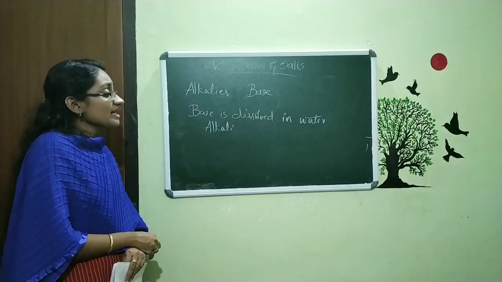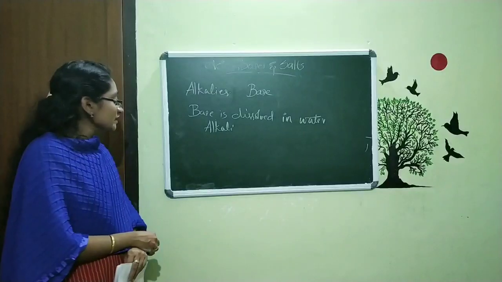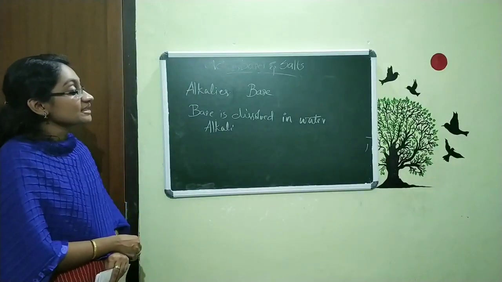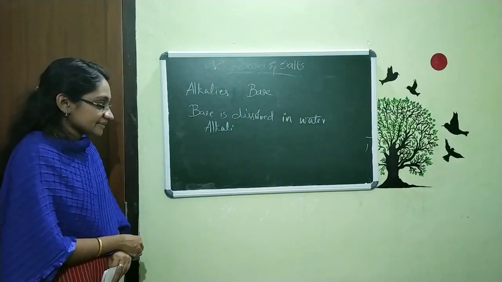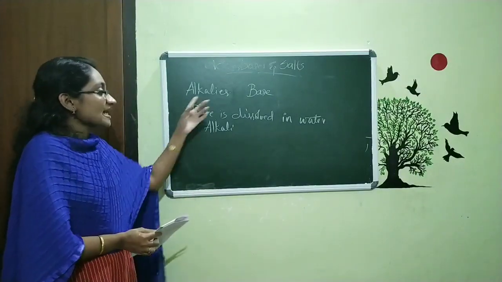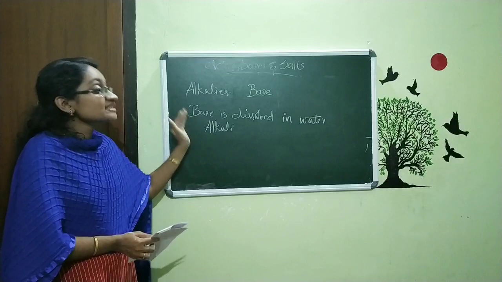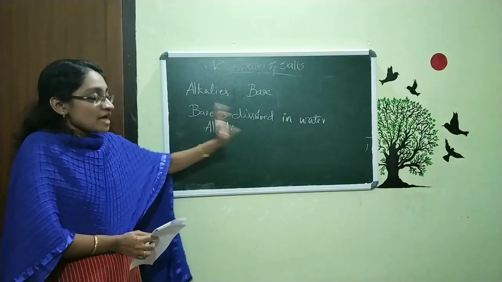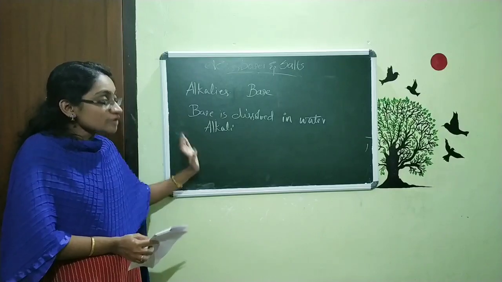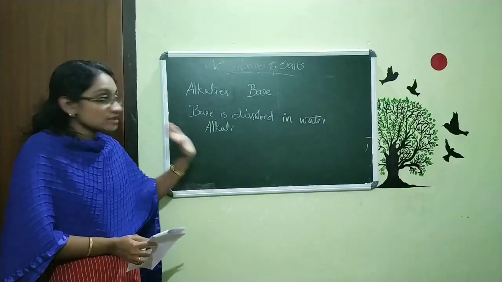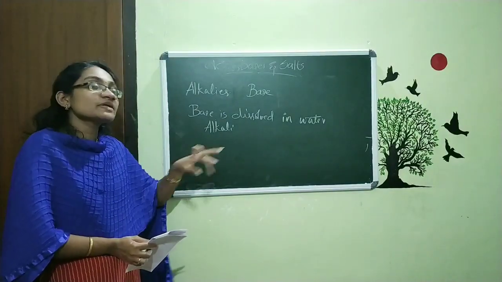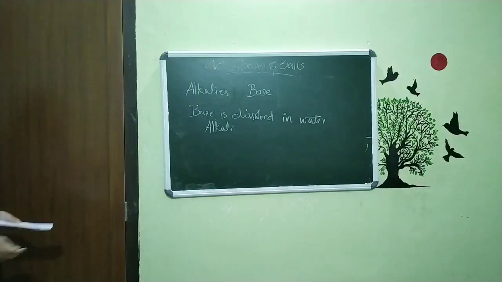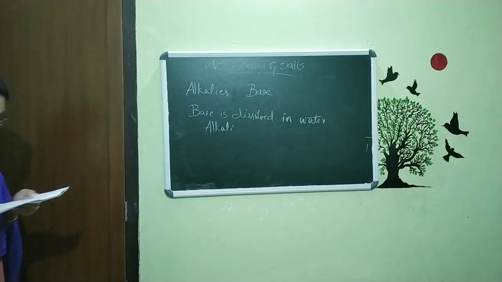And we have another type of base which is not at all dissolved in water. That means it is insoluble in water, and that is not alkali. So we can say alkali is the base which dissolves in water, or which is soluble in water. And the base which is insoluble in water is not alkali. That is the difference between alkali and base.